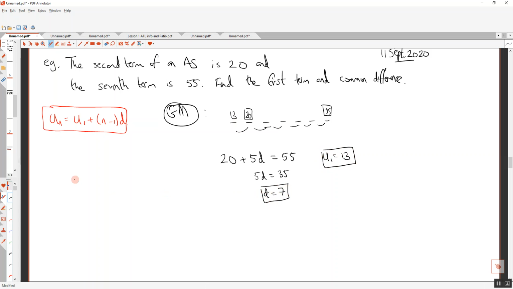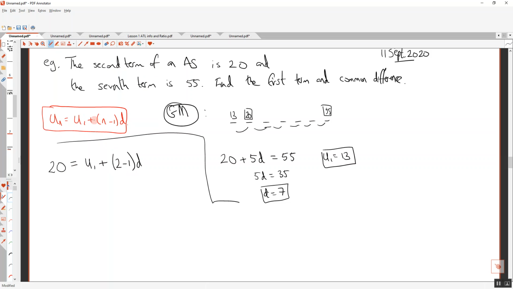I probably would have gone down, just because I like dealing with these types of equations, I would substitute things in. So let's put in: my un is the second term, so that's u1 plus (n minus 1)d, so what's n? For the second term, n is 2. I'm just substituting the information into the equation.